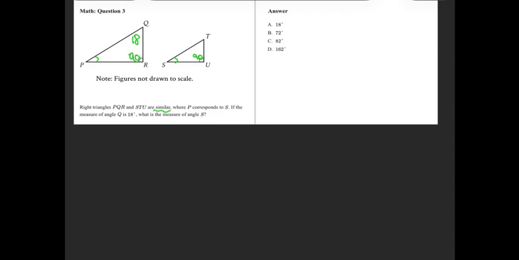So how do we find P? Well, we know that in a triangle, all the angles sum up to 180, which means 90 plus 18 plus angle P must be equal to 180.